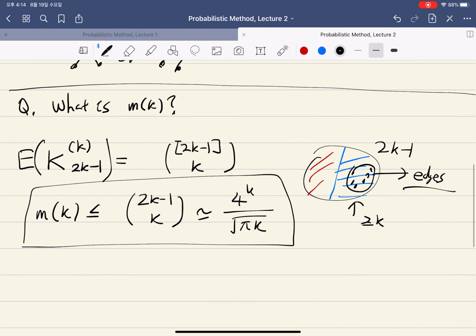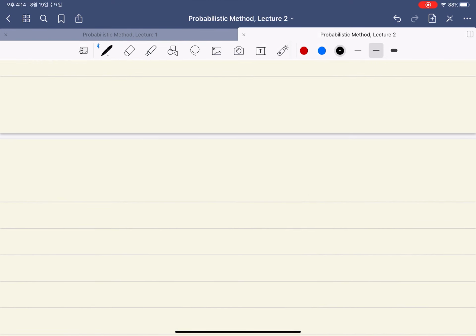So we have this upper bound, and what lower bound can we prove? How do we want to prove a lower bound? Just like Erdős's theorem on the lower bound of the Ramsey number, what you can do is consider a random coloring. Then we can prove this.